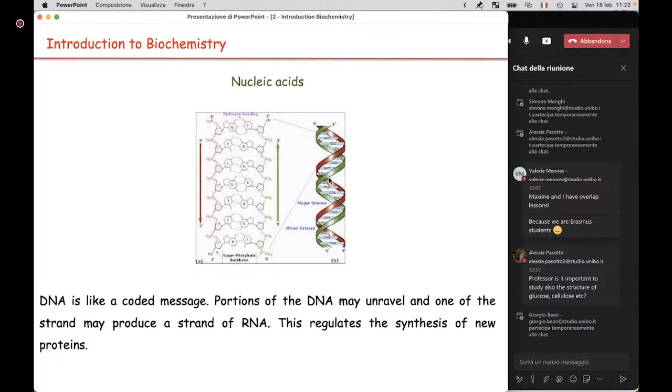So specific parts of the DNA will be used by the cell as a blueprint to produce specific proteins. But the DNA can only be used when it is open, unraveled. And so only the part that is open can be used. So the cell can regulate which protein it wants to produce by opening different sequences of the DNA.